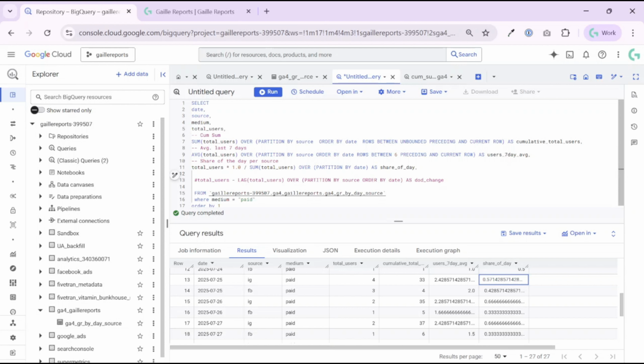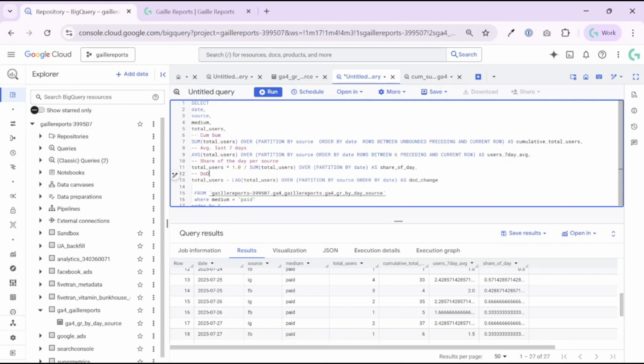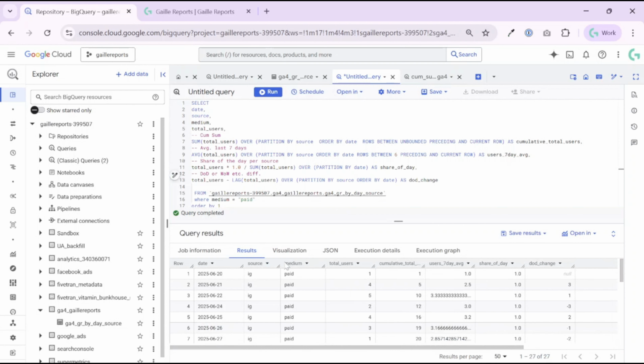And the last one I want to show you today is day over day or week over week difference. Let's run it. Here, on the first day we cannot compare with the previous day because we don't have information.